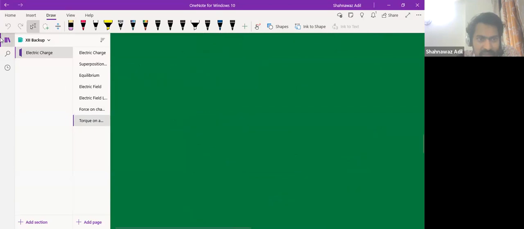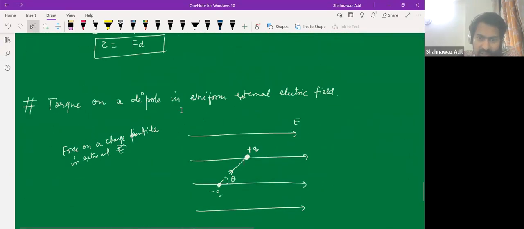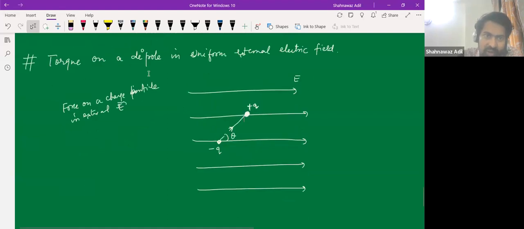Please revise. So, as I was saying, for this one we will have a force in this direction, right? And that is QE. For this one, this would be in the opposite direction, so this is again QE.